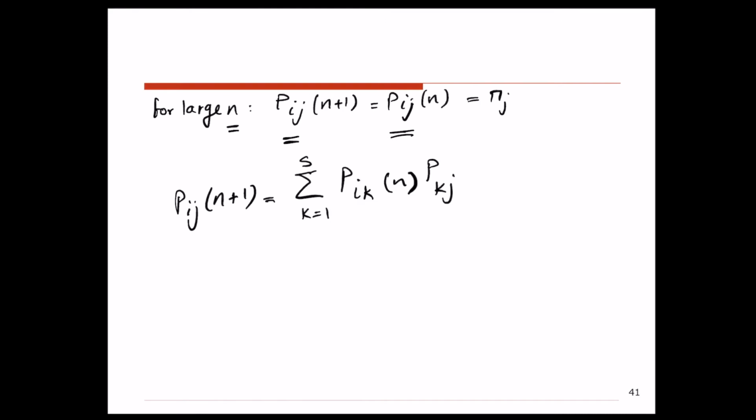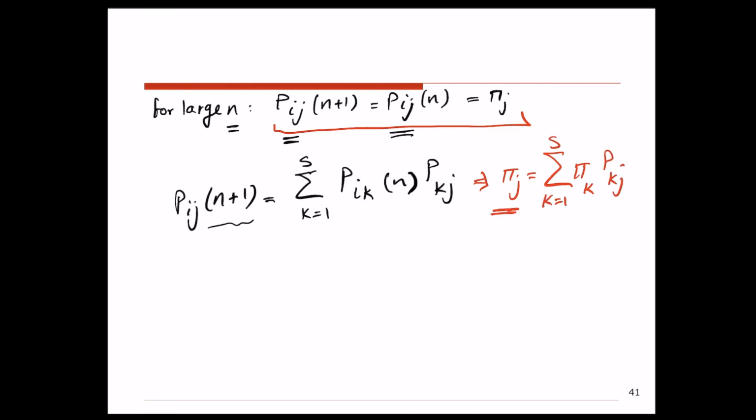That includes all the possibilities of going from state i to state j in n plus 1 steps. Given that the equality above also holds, we can write this equation as the sum of pi k multiplied by p_kj, where k goes from 1 to s. So if you want to calculate pi j, meaning the probability of the system being in state j in the long run, we have to solve this equation.